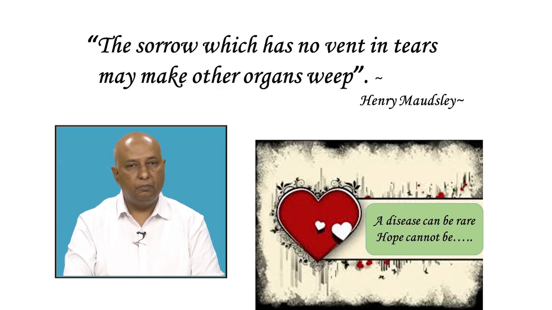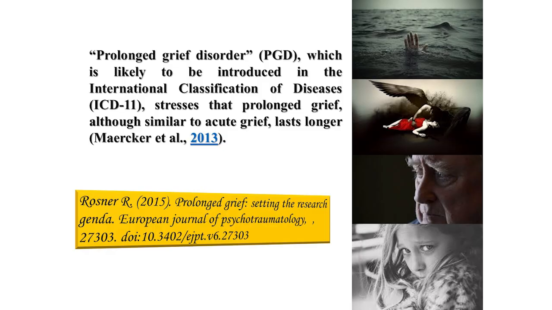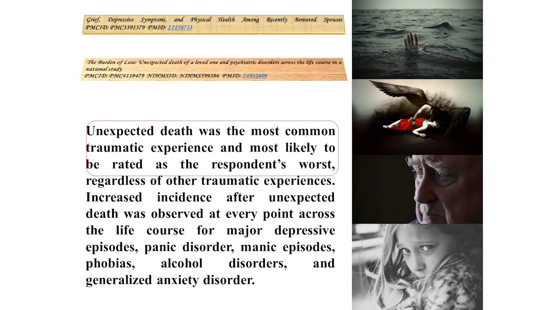Now, my dear students, let us see how conventional science is understanding the homeopathic concepts. Prolonged grief disorder has been introduced in ICD-11, and it stresses that prolonged grief is similar to acute grief but lasts longer and is responsible for derangement of health. Unexpected death outcomes are the most traumatic experiences.